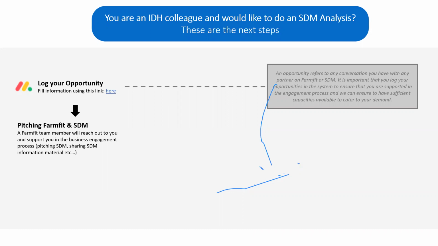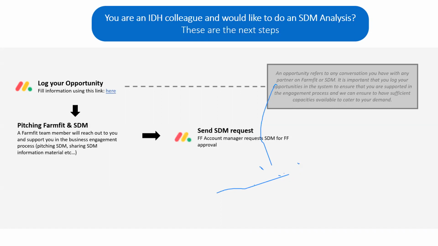But basically, if a case comes up, you can lock it as an opportunity, and someone from our team will reach out to support you in the pitching and with all the information you need to ensure this will be a good case. They will also do some first scoping: is the SDM approach actually the right approach for what you need at this time?